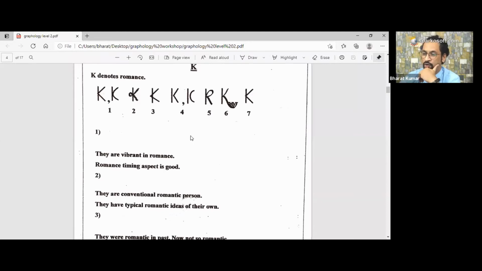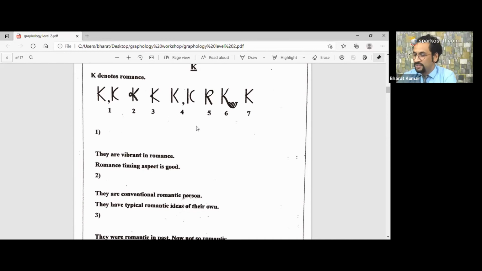Now, the third kind of K. The third kind of K matches with the first K, but this sharp corner is moving in the back side. This is important. This central corner of K tells about the timing. I repeat again, this central corner of K tells about timing. If the corner is moving in the back side, these people were romantic in the past, but not now.